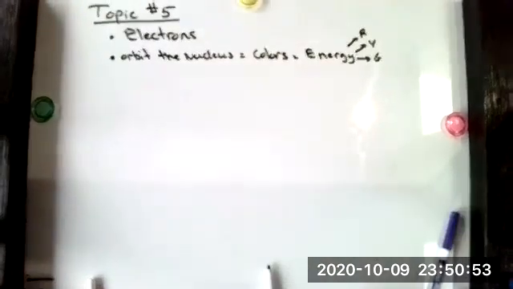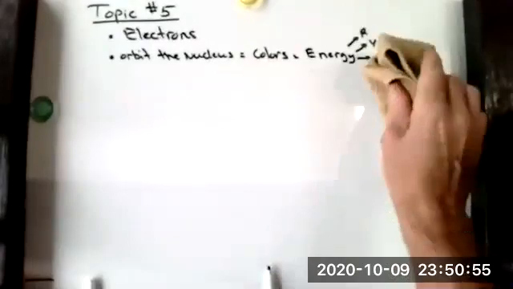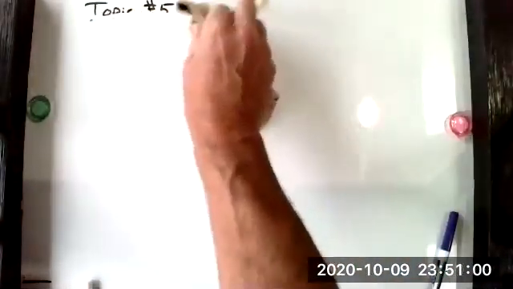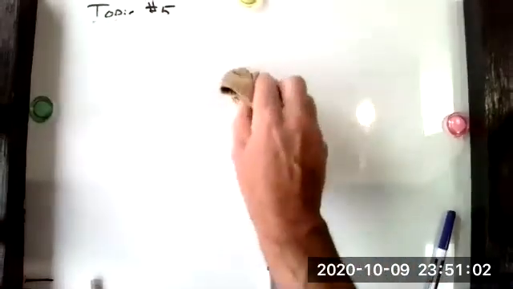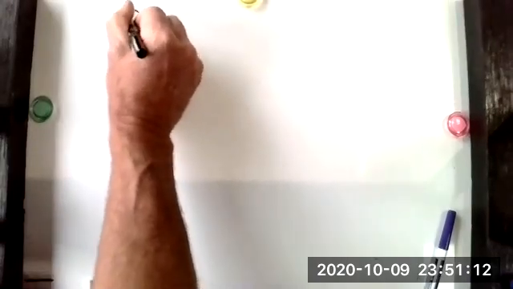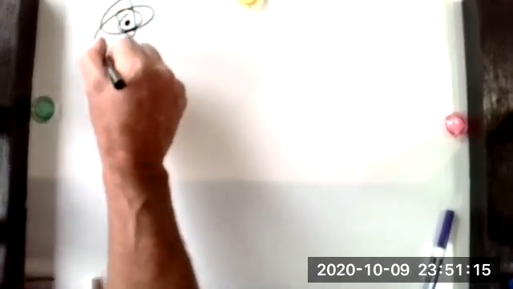Okay. All right, I'm going to erase this now, so I need some more room. If I had you Google the image of an atom, you know what you would see. You would see an image that looks like this. You've seen it a million times.